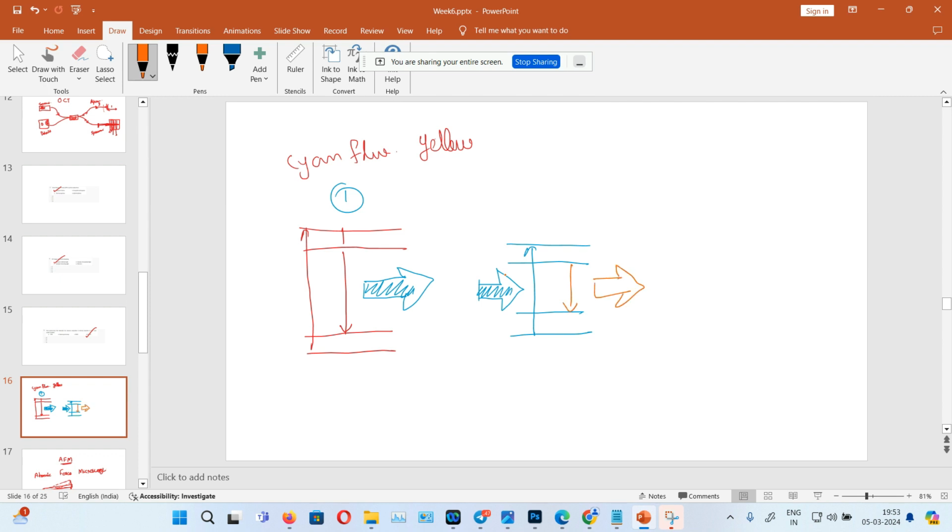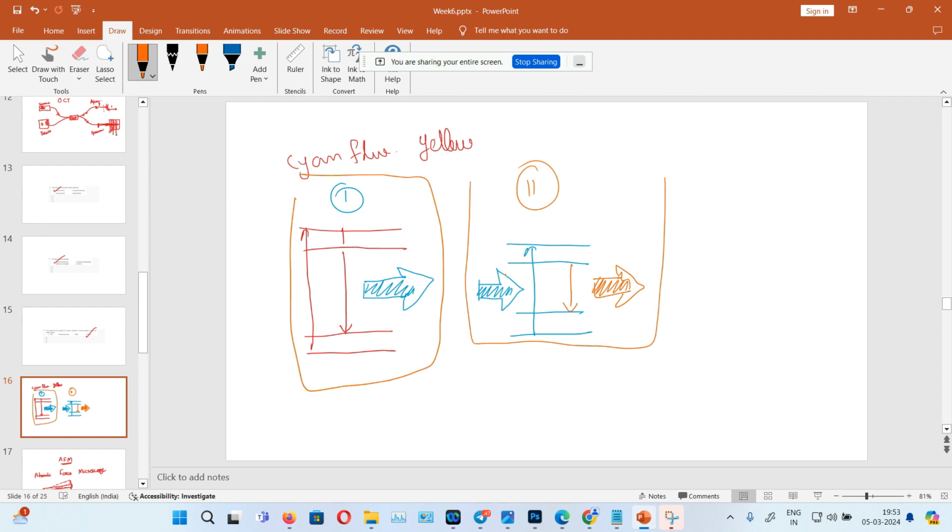So I am saying that this is one separate entity, and this is another separate entity. We will let it be. This is the first fluorophore and this is another fluorophore.